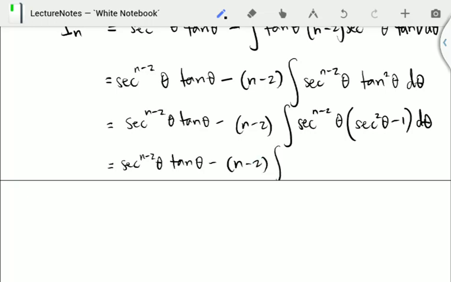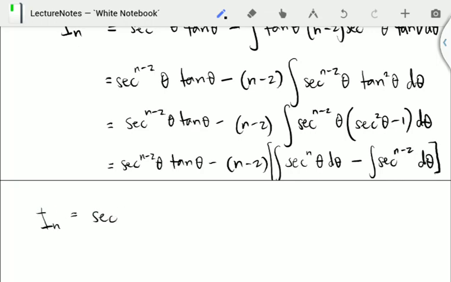So now I'll distribute this. Of course, the first term will give you sec to the n theta. The second term, with d theta, will give you minus the integral of sec^(n-2). So again, this entire thing we called I_n.